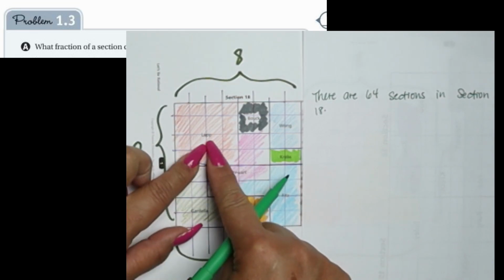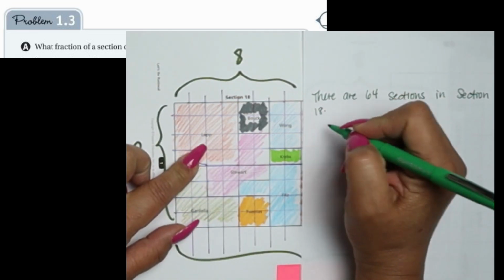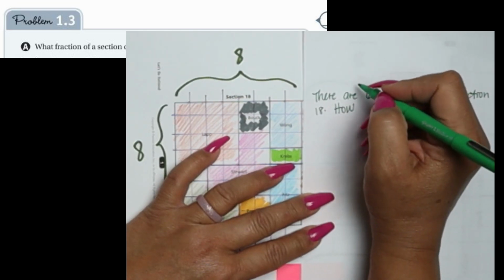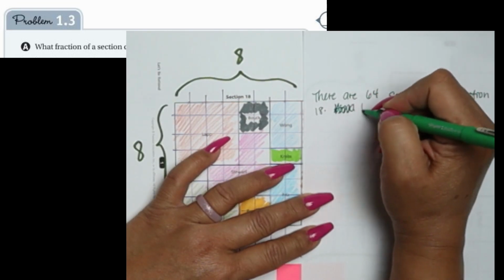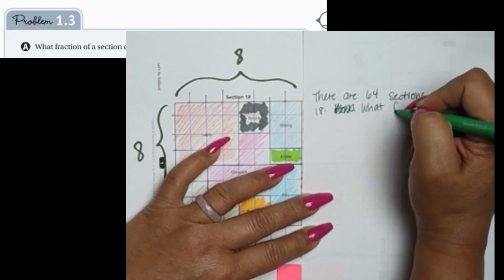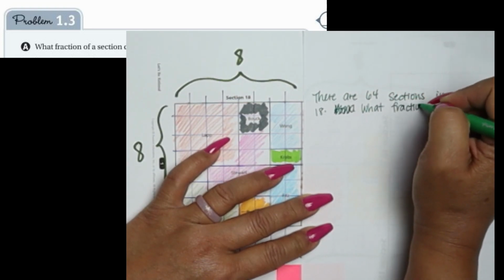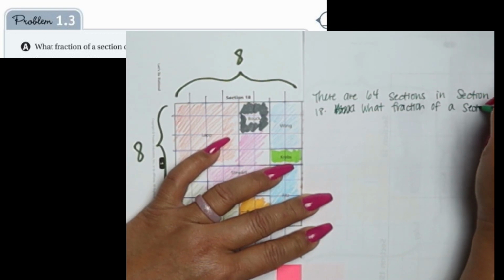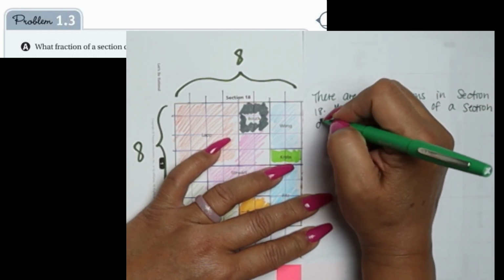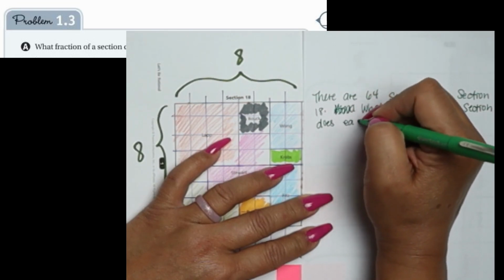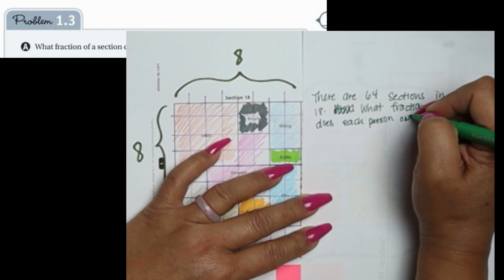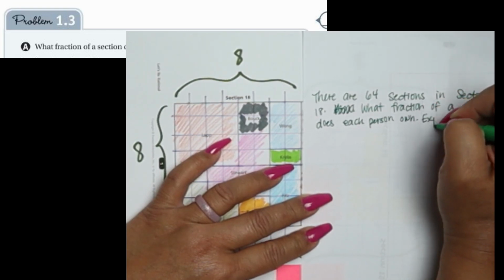This person's name is Lap. So how much does Lap have? The question is, what fraction of a section does each person own, and explain.